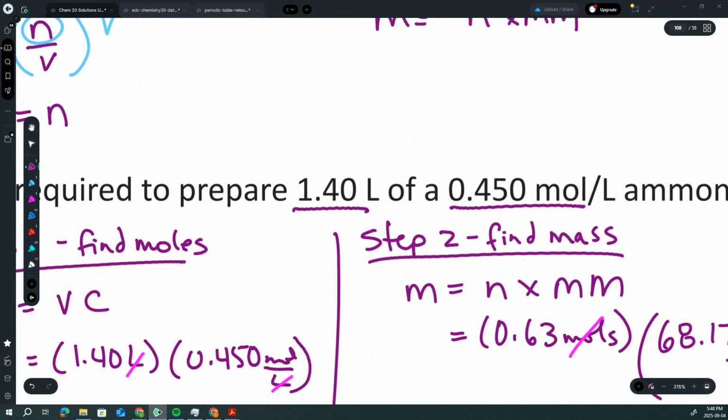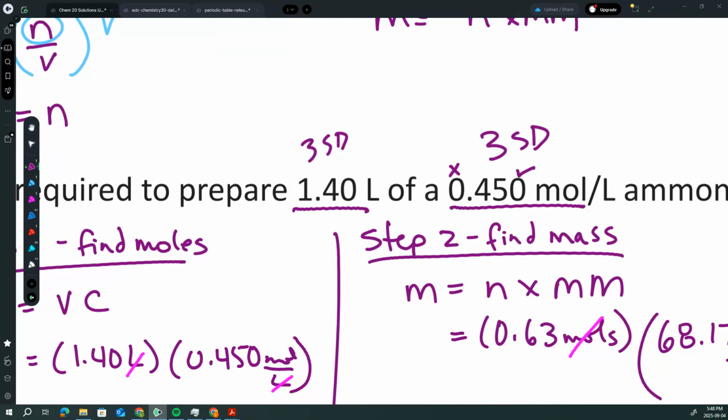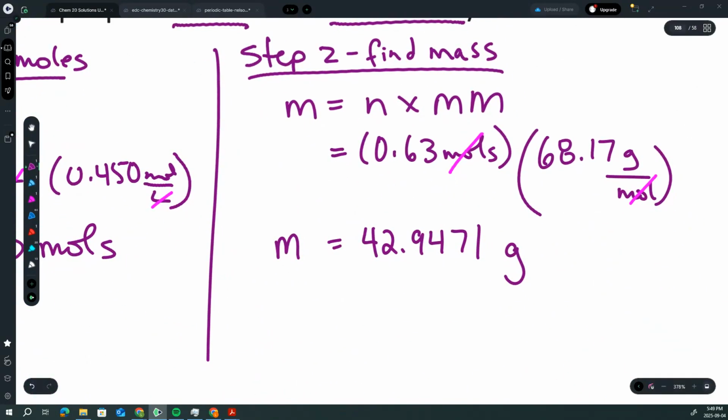Now, remember, at the end of a calculation, we always round off to the appropriate amount of sig digs. So looking at my given numbers here, this number has 3 sig digs, same with this number. So reminder that leading zeros do not count as significant digits, but trailing zeros do. When I say leading, I mean they come before a non-zero digit. When I say trailing, I mean it comes after a non-zero digit.